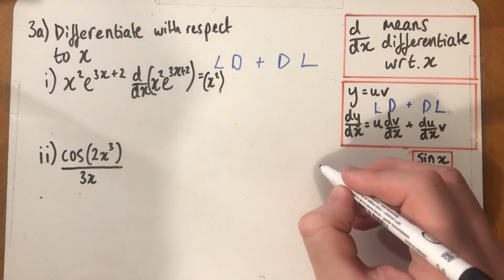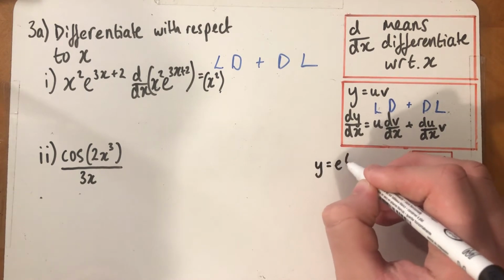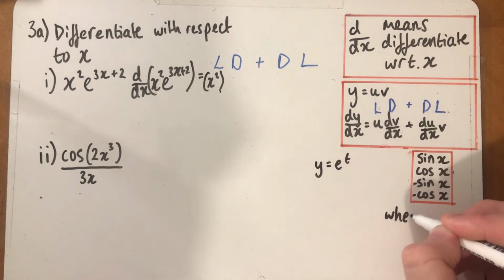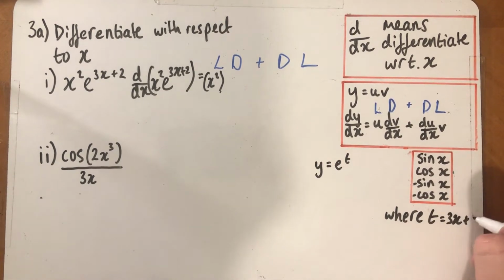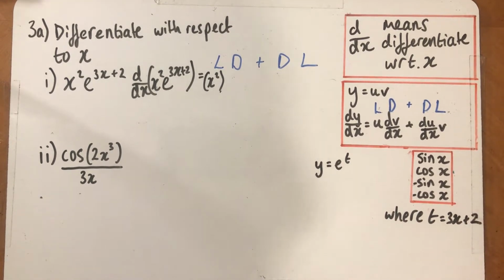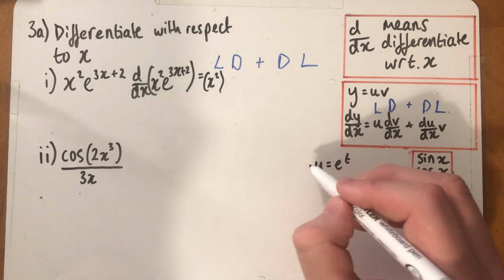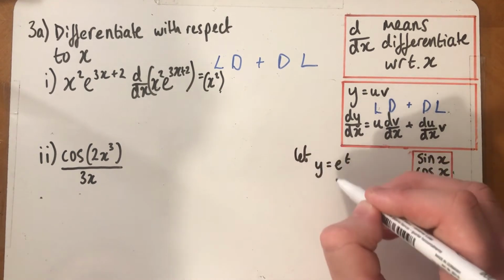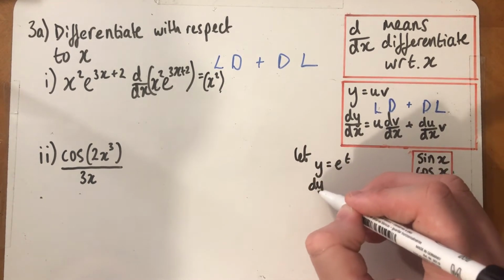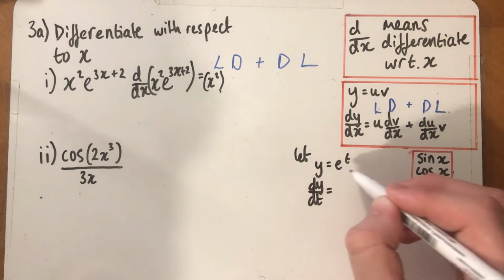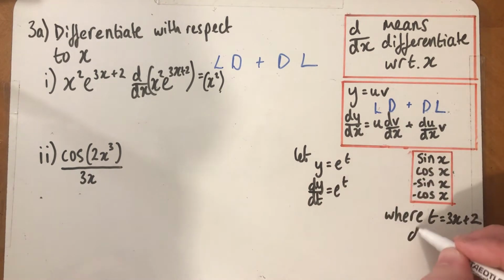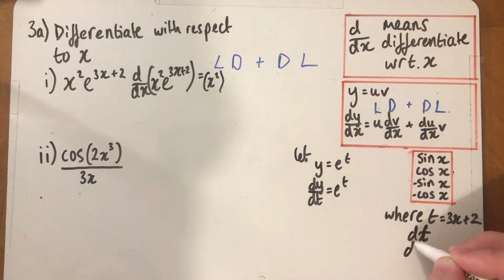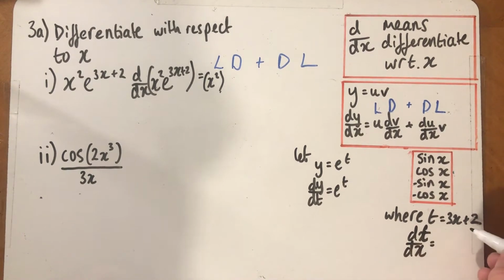So off to the side, we can simply say y equals e to the power of t, where t equals 3x plus 2. We're going to find dy by dt. e to the power of t simply differentiates to e to the power of t. Then we're going to find dt by dx. 3x plus 2 simply differentiates to 3.